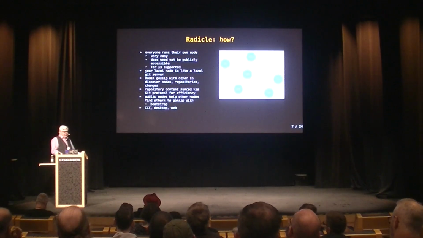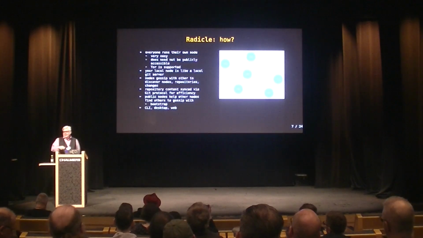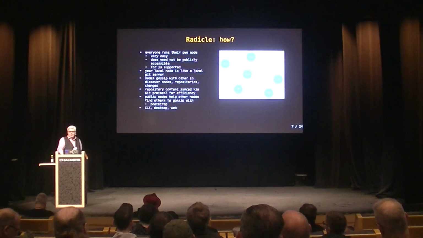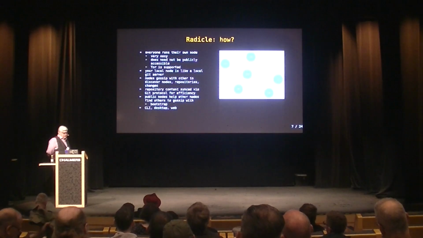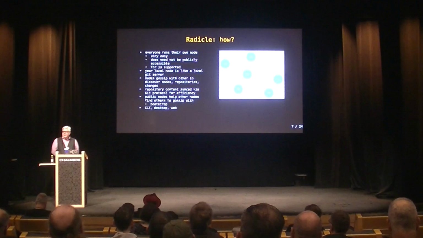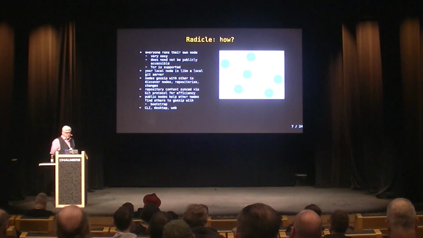Basically, you start the Radicle node and it's there. Unless we make a bug in the code, you don't ever have to deal with that. Radicle supports Tor, so we can talk to other nodes over Tor, and there's support for other protocols as well.